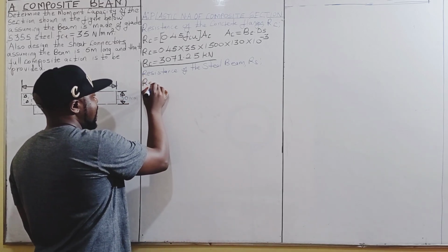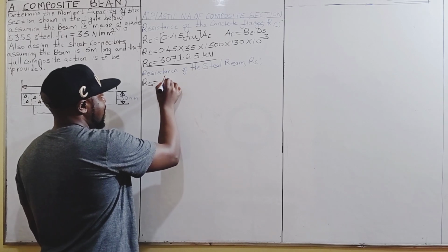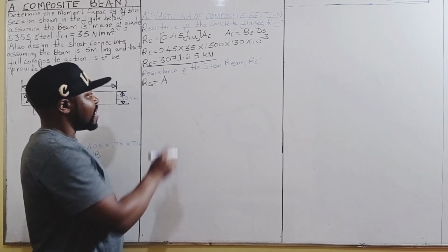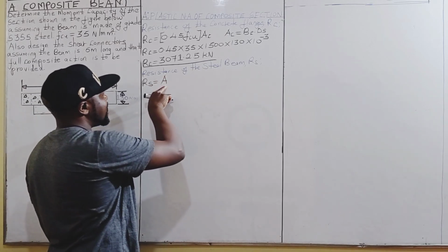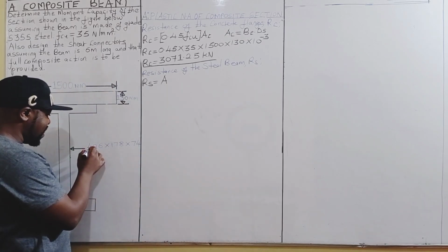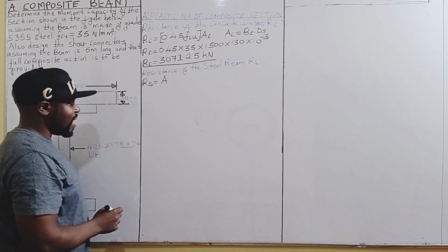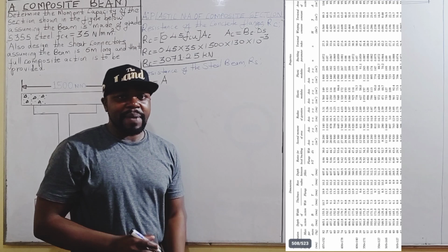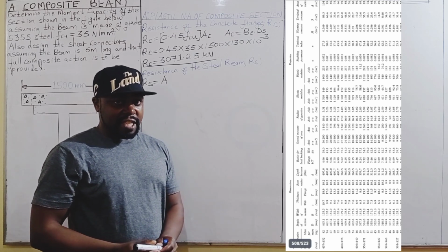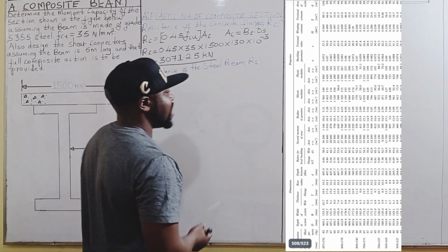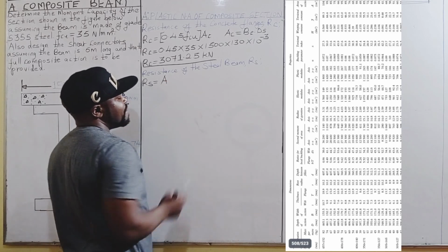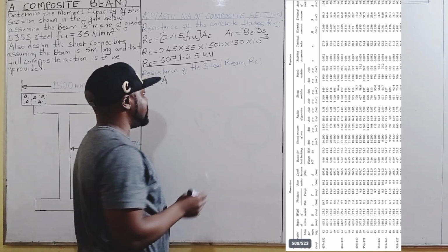RS will be given by the area of the steel section, which can be obtained from Appendix B of the BS 5950, and happens to be 95 square centimeters.